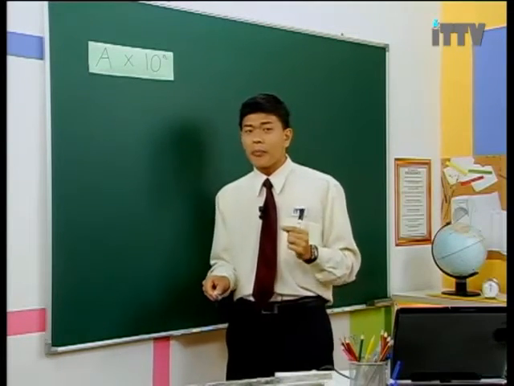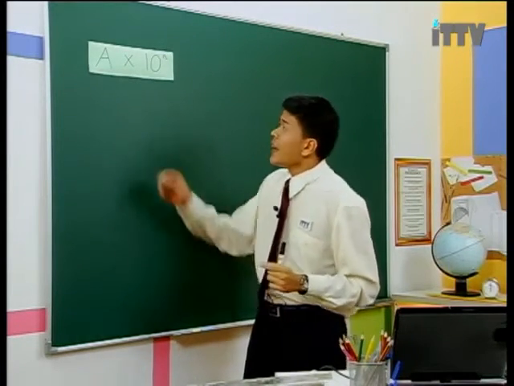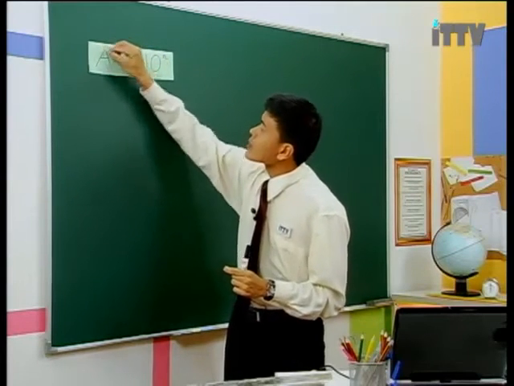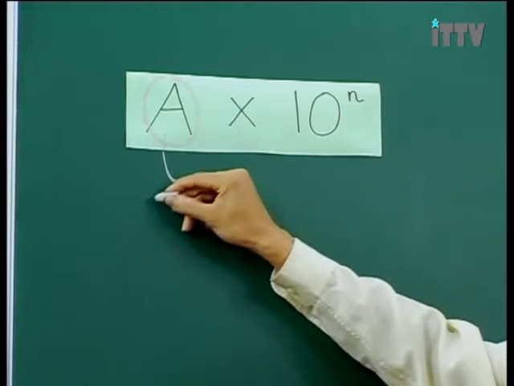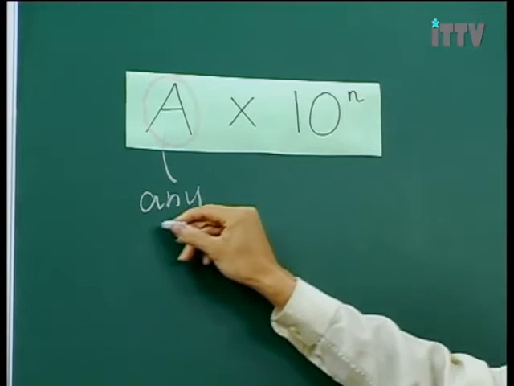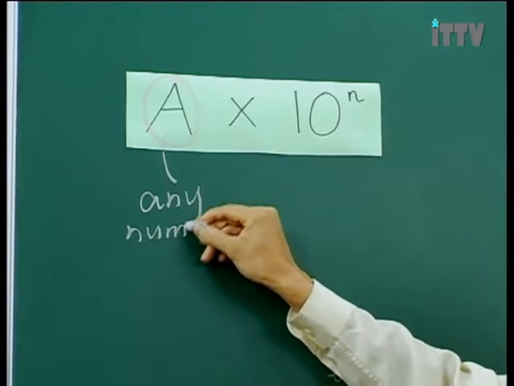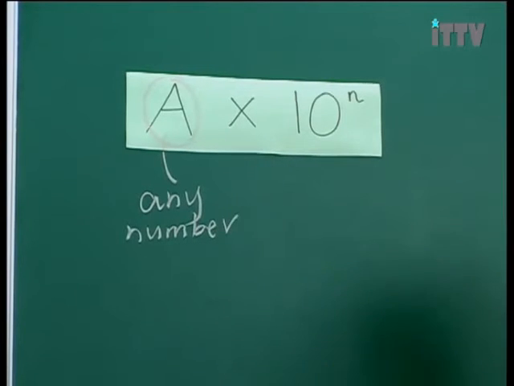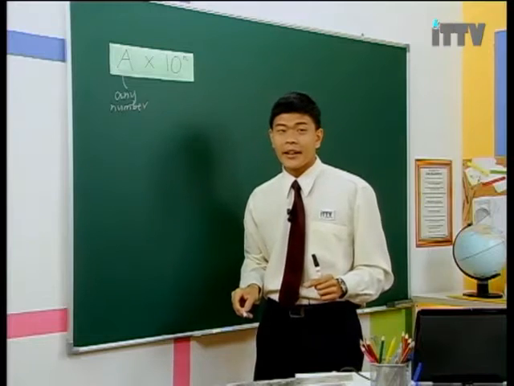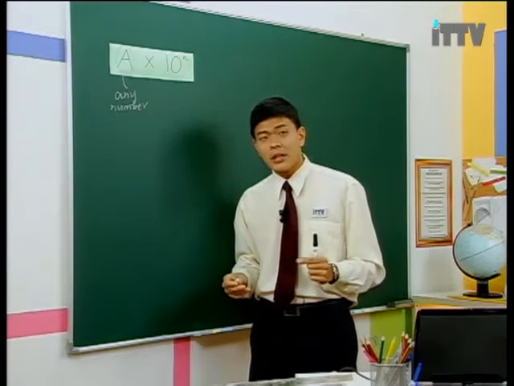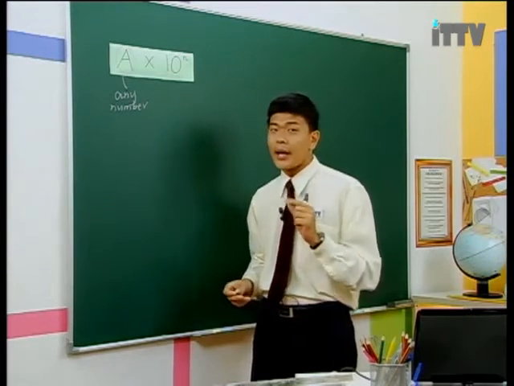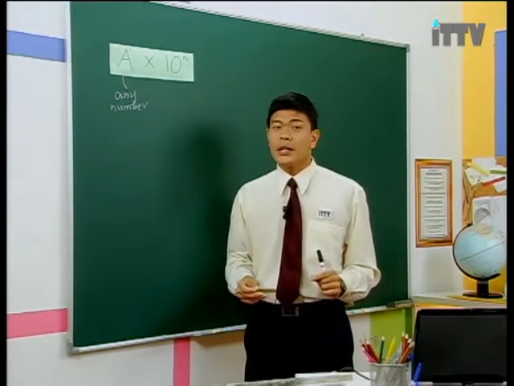And it's very important to note that a can be any number between 1 to 10 inclusive of 1. They can be a decimal or a whole number, but a must be between 1 to 10.